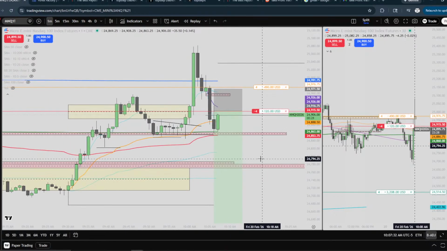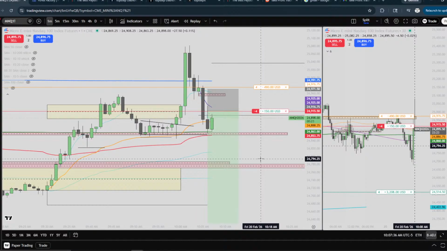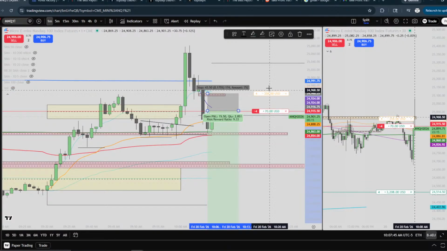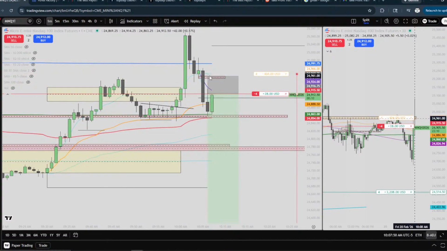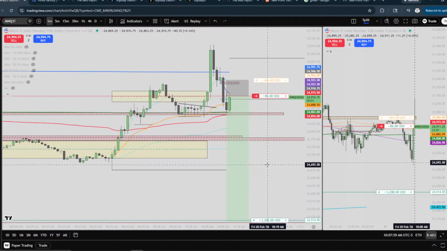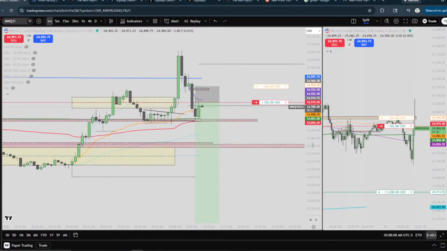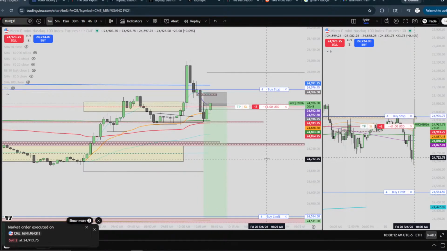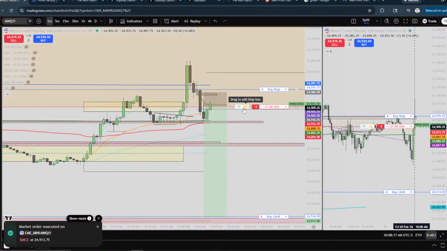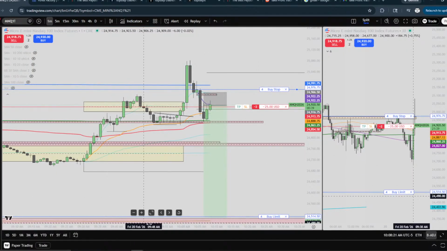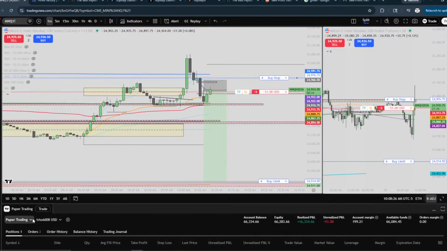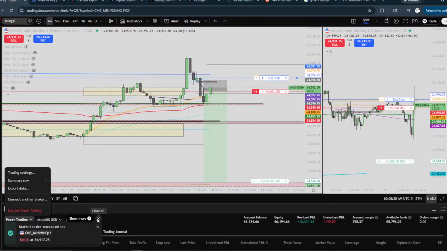Okay, let's talk about why we're short. What? Let me make sure I'm not on my actual TradeAvate account. I shouldn't be.